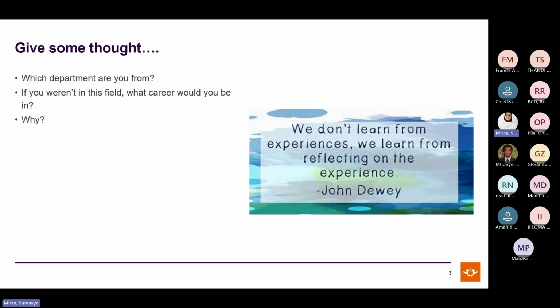While you are saying which department you are from, I also want you to take a few seconds and think about this. If you weren't in this field or this profession, what career would you be in? The reason that I want us to think about this is that we are always so focused and so driven on meeting targets, meeting deadlines, moving from one step to the next, that we don't actually sit back and think, is this for me?